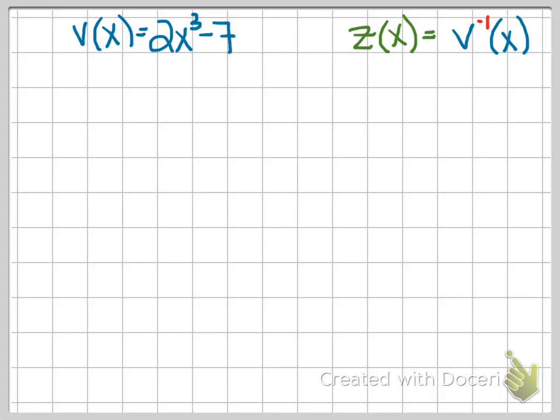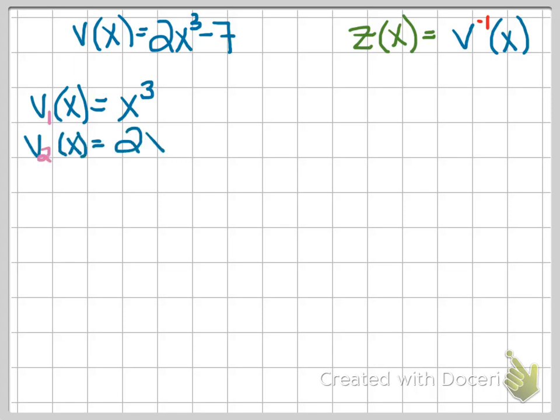Well, that's actually what you do. You break the function down into the little operations that make it up. So the first part of my v function is that there's some quantity being cubed. It's the story of this equation.